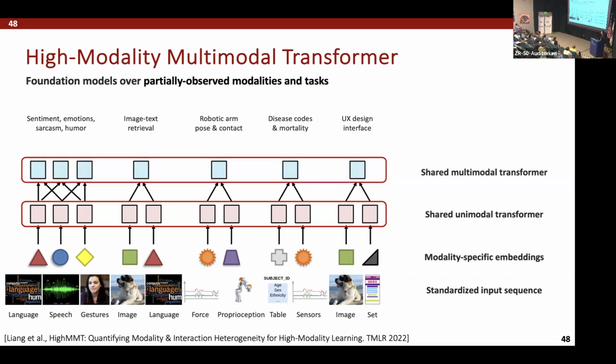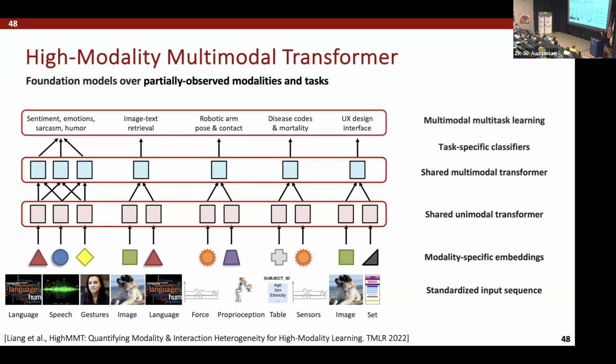You can have a shared multimodal transformer that learns the relationships between one modality and another, and do multitask training to predict different tasks. And this actually works. You can train one model architecture with one set of parameters to do many different tasks with many different inputs and outputs at the same time.